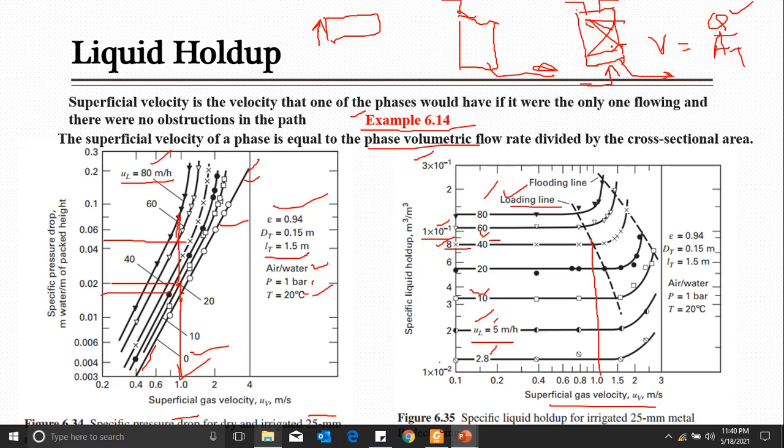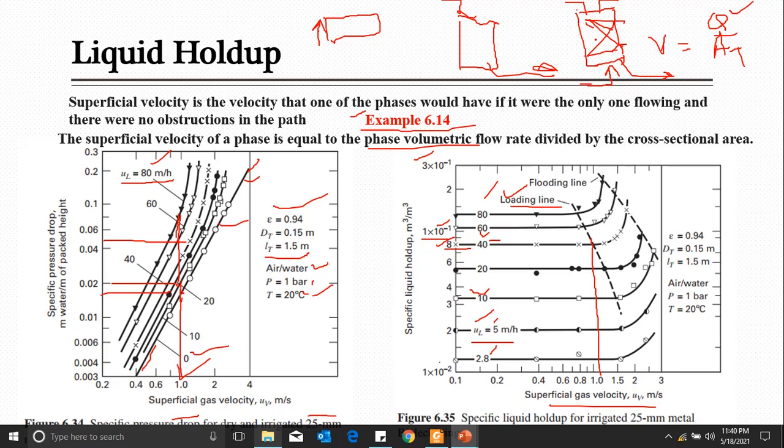And when they start carrying the liquid towards the top of the column, there will be flooding of the liquid inside the upper side of the column. And when there is flooding inside the column, it means the liquid hold up has sufficiently increased inside the tower towards the top of the tower.